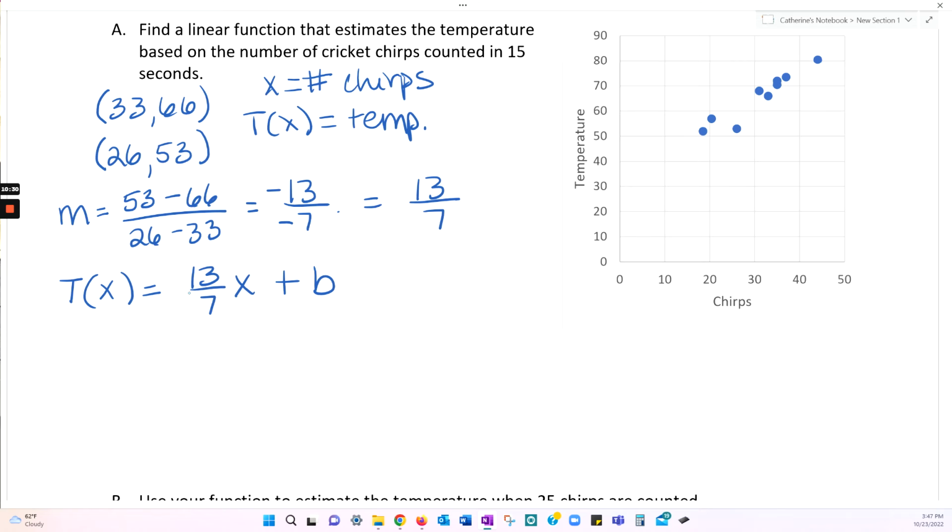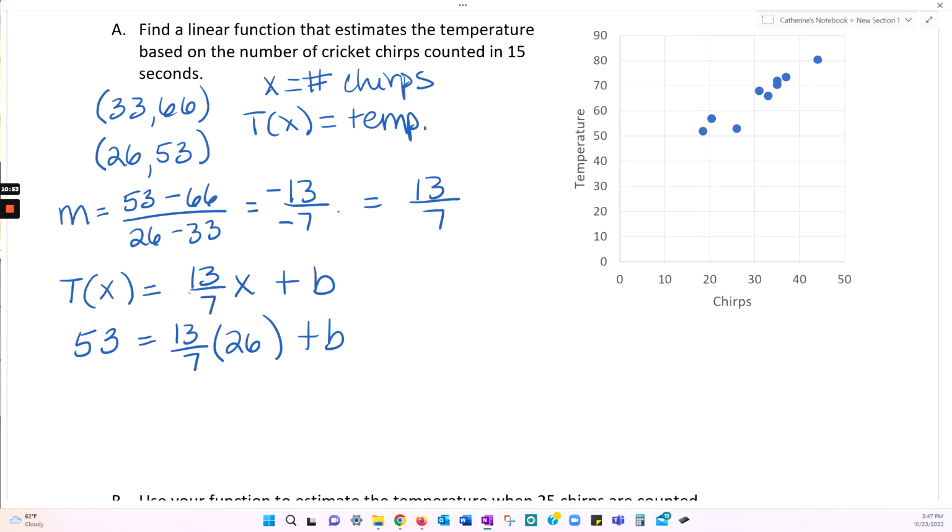Okay, so if we use that second point I wrote down, and I'm just picking that one because the numbers are a little smaller, then I'll set 53 equal to 13 over 7 times 26 plus b. And I'm going to be a little bit lazy with all of this.